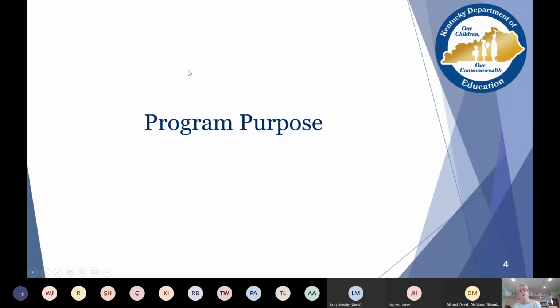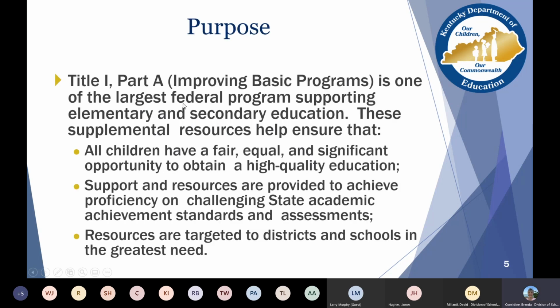So let's go ahead and start with the program purpose. Title I Part A, and this is something I've learned just since I've been at the department. The name of the grant is Improving Basic Programs because it is the largest federal program that supports elementary and secondary education.